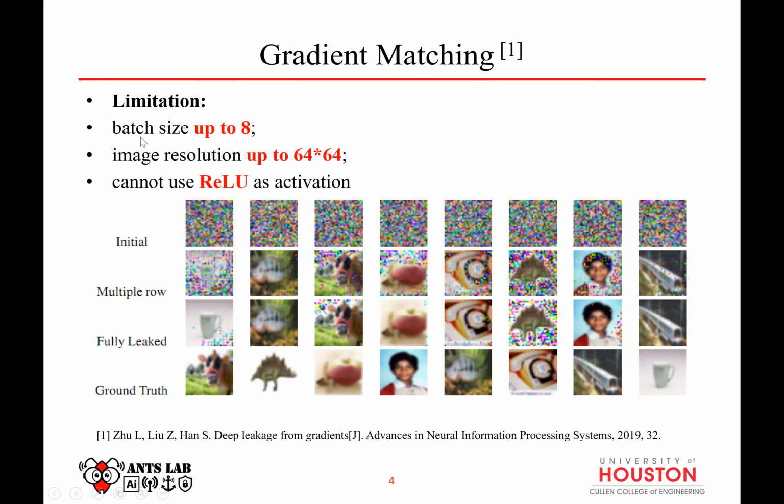First, the client's training batch size is up to 8. If the batch size is larger than 8, the attacker cannot recover all the images based on this method. And the second limitation is the image resolution is very small, it's 64 times 64.